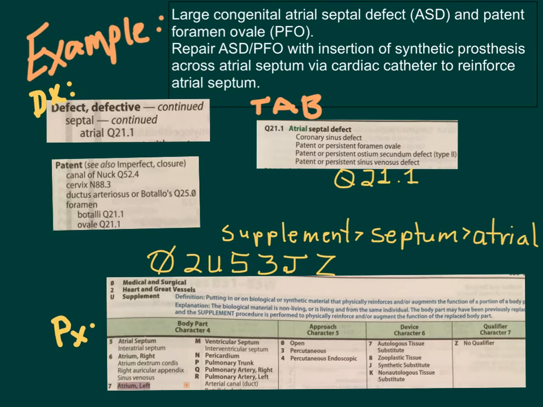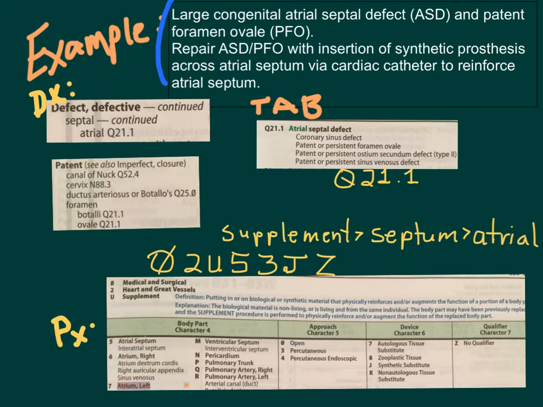Let's code one more example together, again from exercise 26.1. So here we have large congenital atrial septal defect and patent foramen ovale, or PFO.